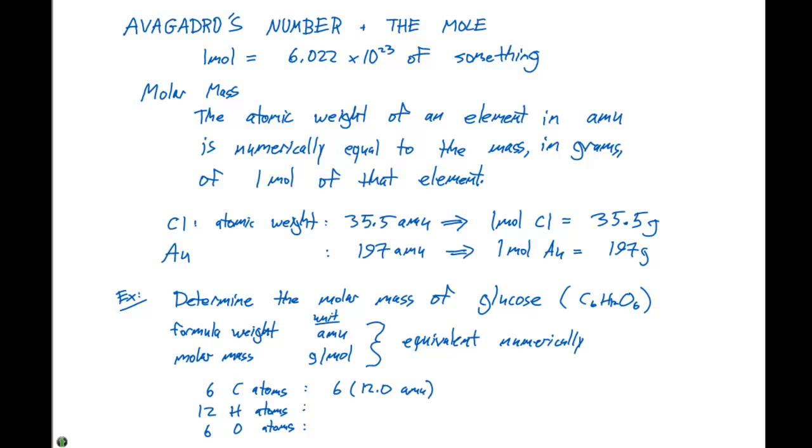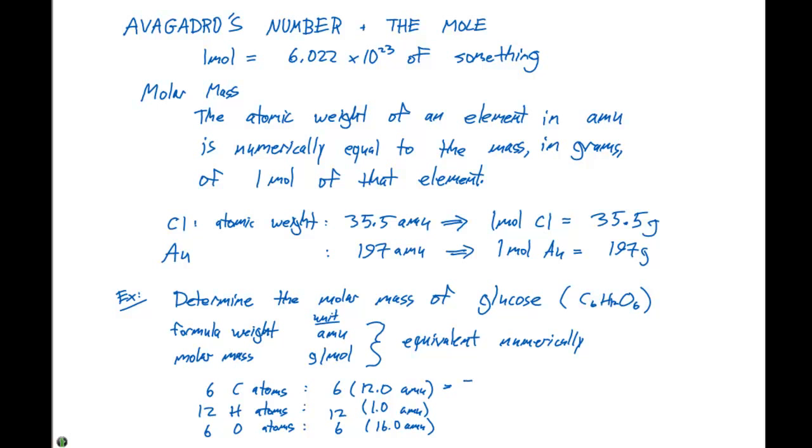For the hydrogen, we have 12 of those times 1.0 AMU. If we now look at the oxygens, we have 6 oxygen atoms times 16.0 AMU. And the atomic mass units can all be calculated directly off of the periodic table.